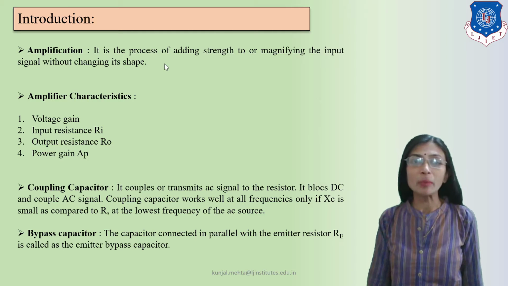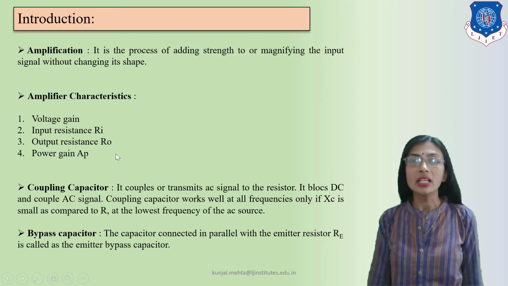So according to the amplifier and amplification process, there are many parameters that can be considered, and that is known as amplifier characteristics. The main important parameters to be considered for amplifier characteristics are: 1. Voltage gain, 2. Input resistance Ri, 3.